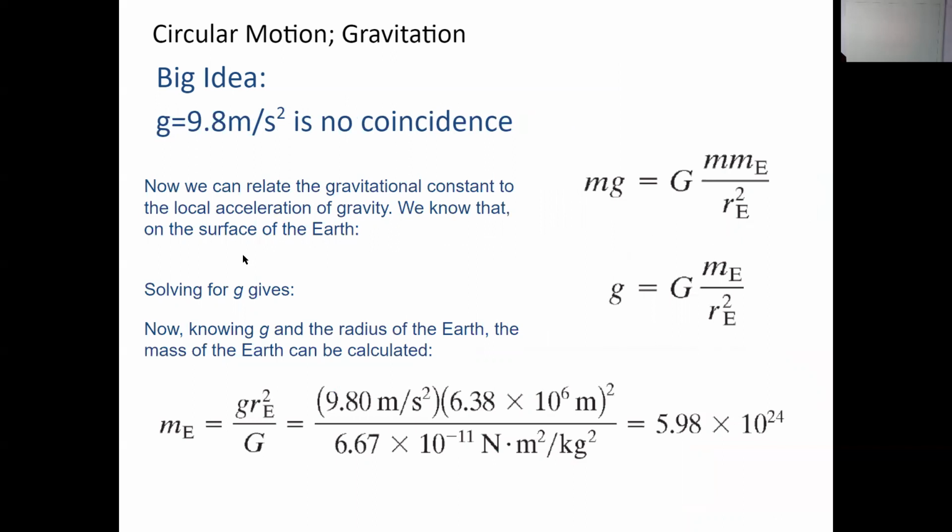So if this universal law of gravitation is telling us what our weight is, and we would use our own mass in calculating this weight, then if we set these two equations equal, we can actually solve for what 9.8 really means. 9.8 meters per second squared is really based on the mass of the Earth and its size.